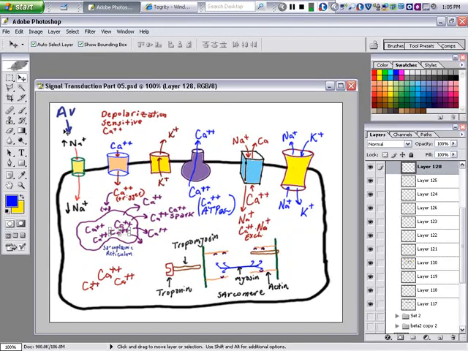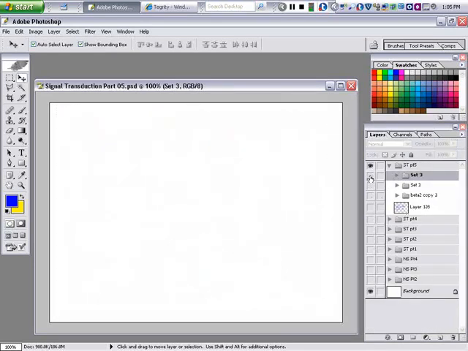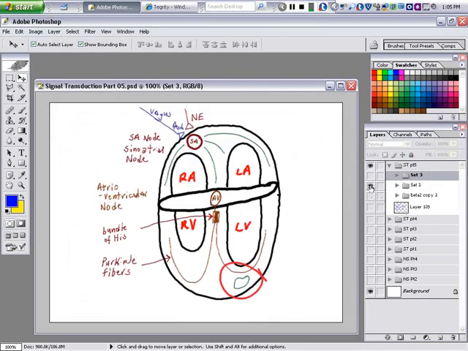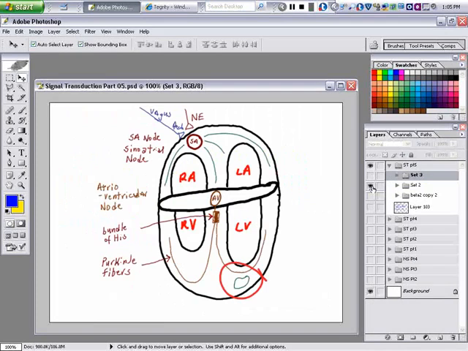Does it all make sense? Exactly. Diastole is when the ventricles relax. I guess I should have put that somewhere. Her question was, diastole is relaxation, and my answer was yes. I don't have any room to write this here, so I'm going to put it on this page somewhere.